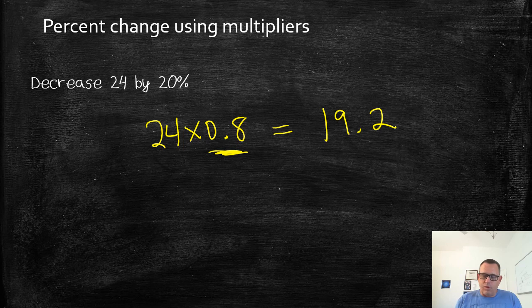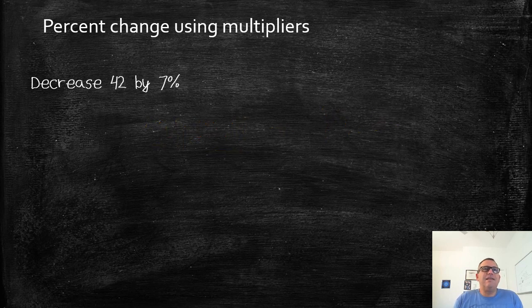All right, let's look at one. Decrease 42 by 7%. If I decrease by 7%, what do I have left? 93%. So I want to know what is 93% of 42.